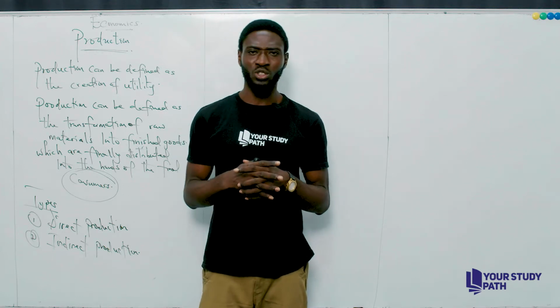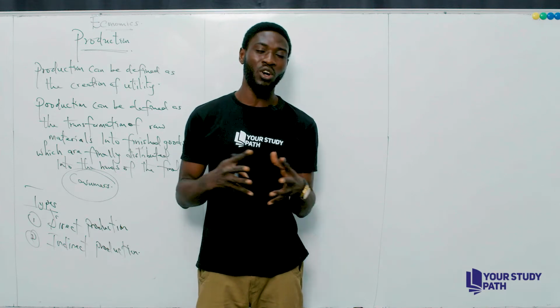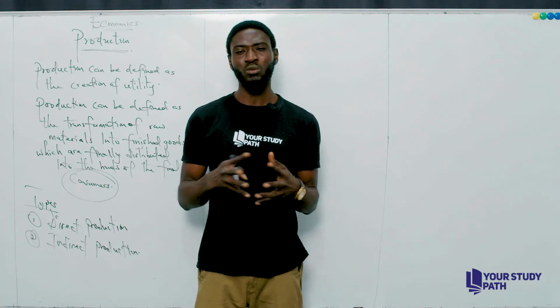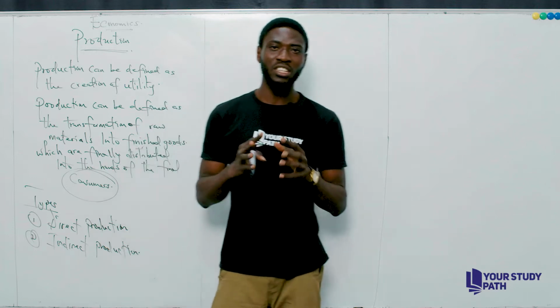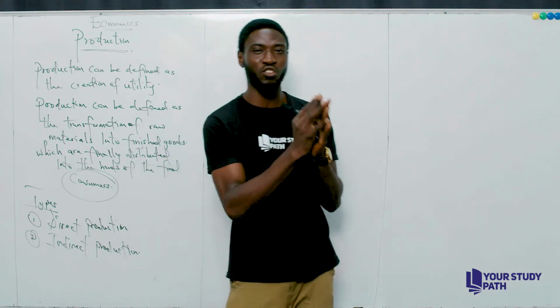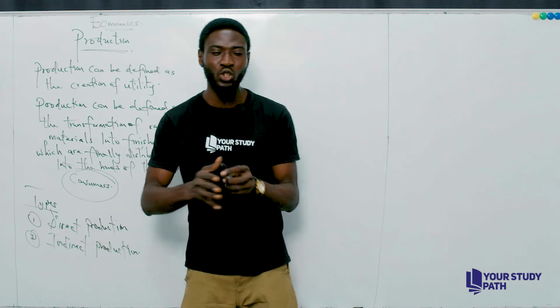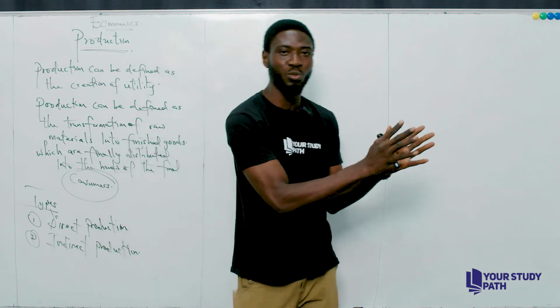Now, that kind of production is also a production, though sometimes it might be offering a service, or sometimes it can be offering a product. Now, when it is only meeting a particular set of people, then we can call it direct production, because it is only meeting the needs of a particular group of people.